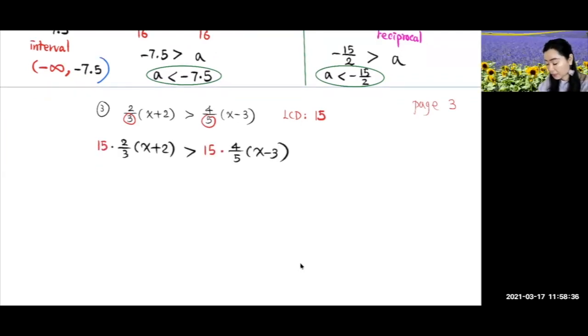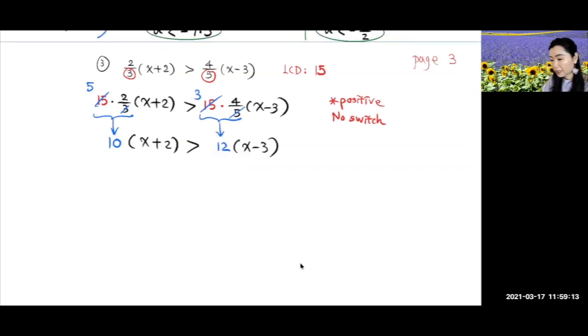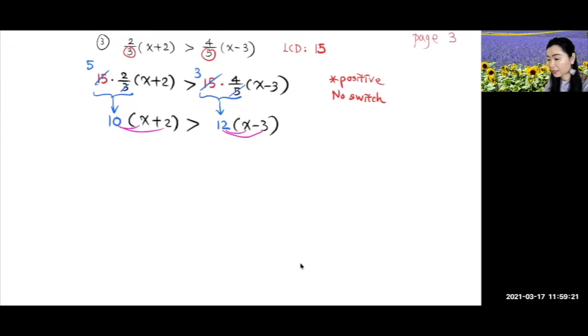Notice that when you multiply by a positive quantity, there's no switch on the inequality sign. After that, you reduce it first. 15 over 3 is 5, 2 times 5 makes 10. 15 over 5 is 3, 3 times 4 makes 12. Now go ahead and distribute and solve for x.